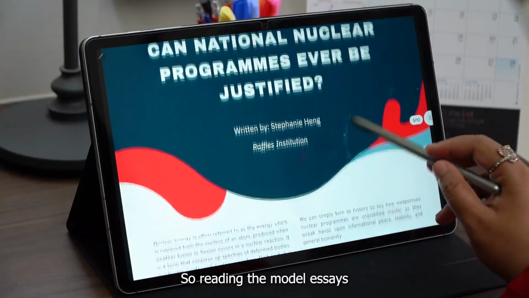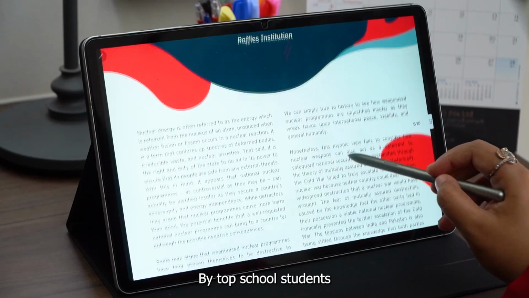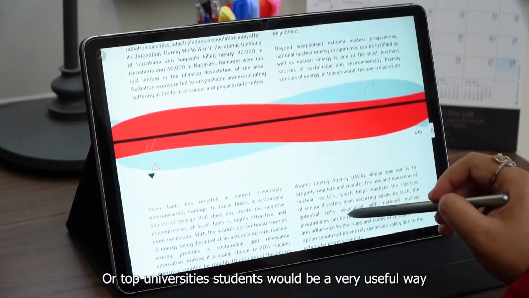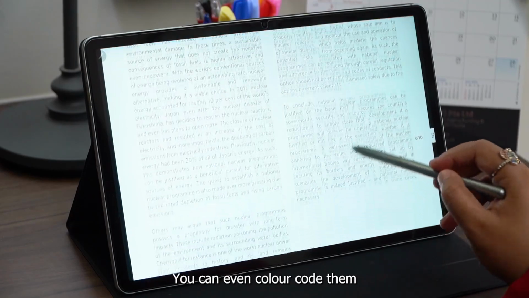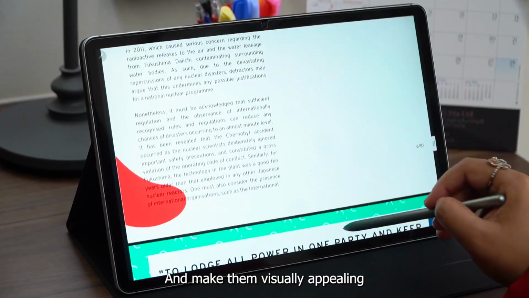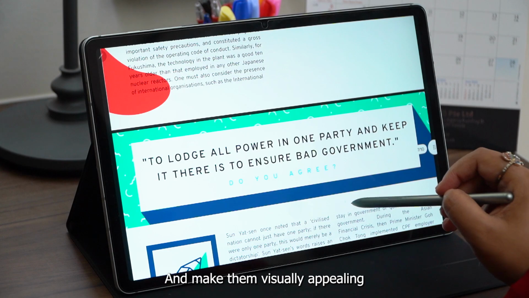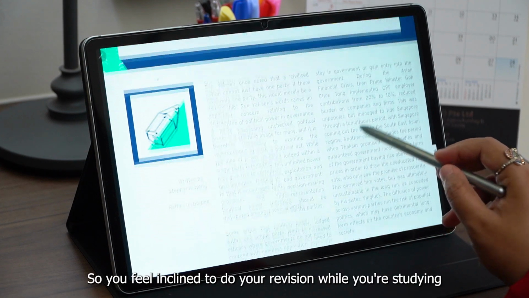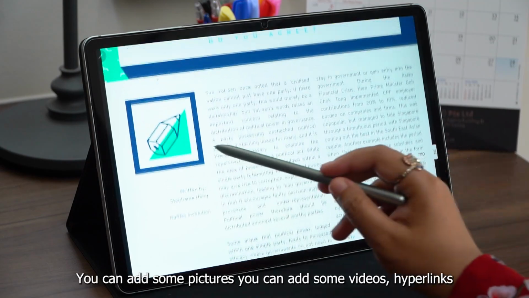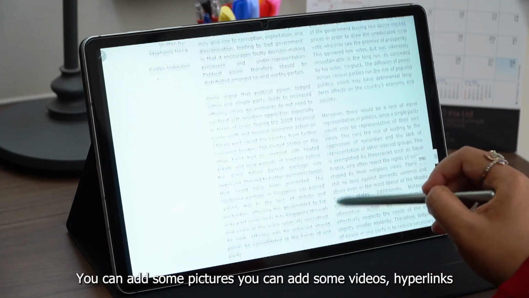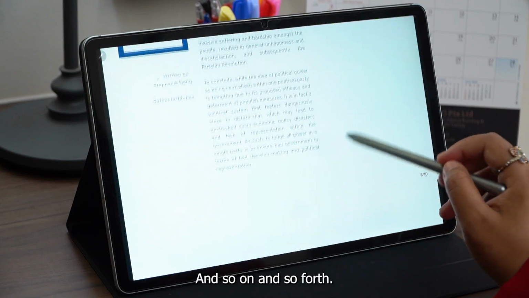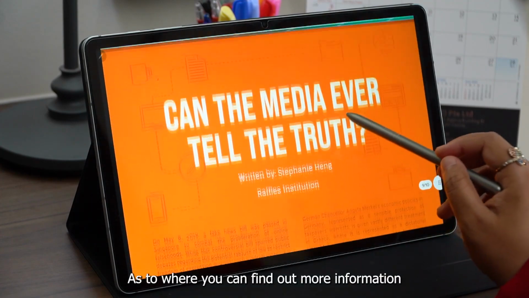So reading the model essays by top school students or top university students would be a very useful way. You can even color code them and make them very visually appealing, so you feel inclined to do your revision or your studying. You can add some pictures, you can add some videos, hyperlinks, and so on and so forth, as to where you can find out more information.